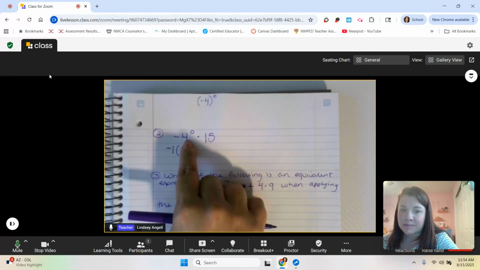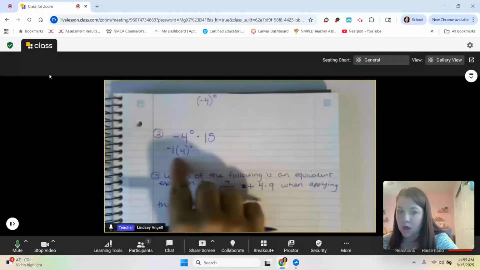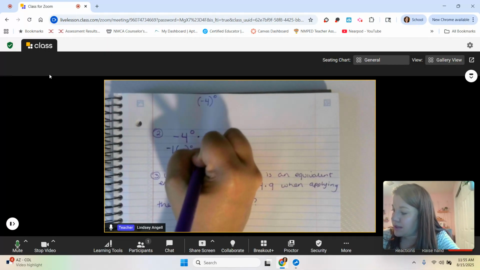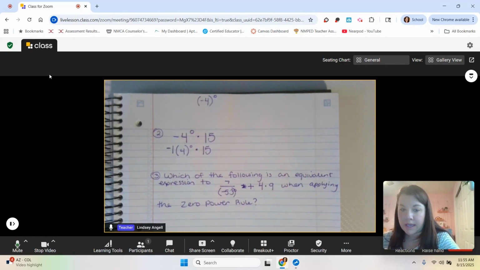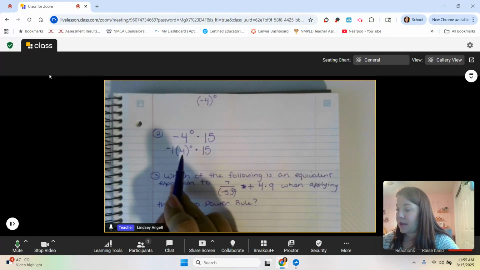But that exponent is only attached to the 4, not the negative sign. So we can bring this down. I know that's a little funky. That's a big stretch for things that we've learned so far, but this is technically still the same thing.